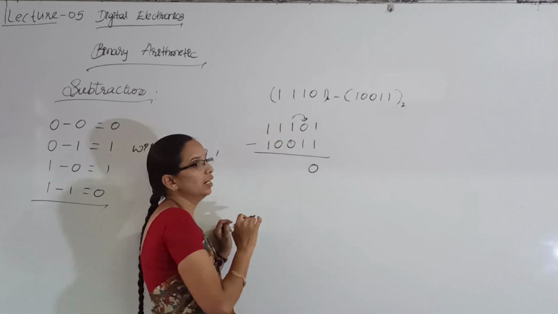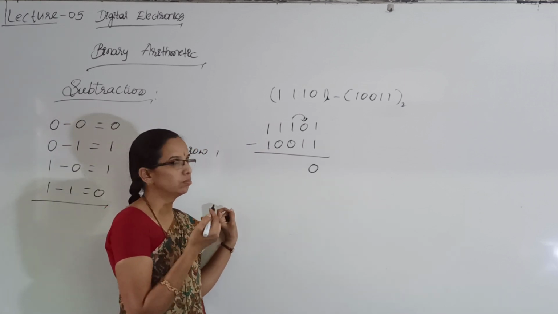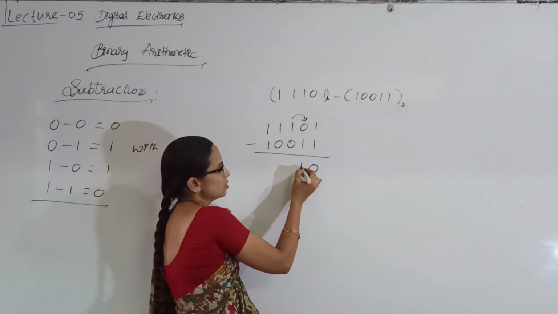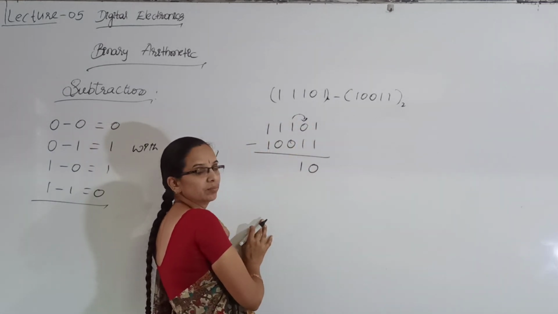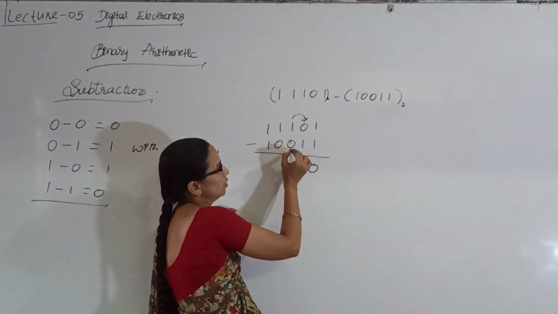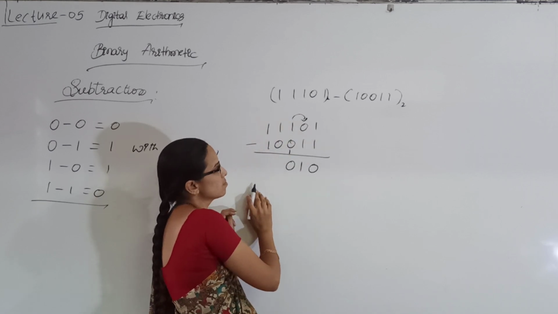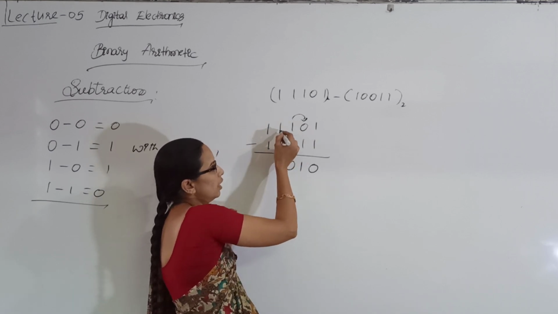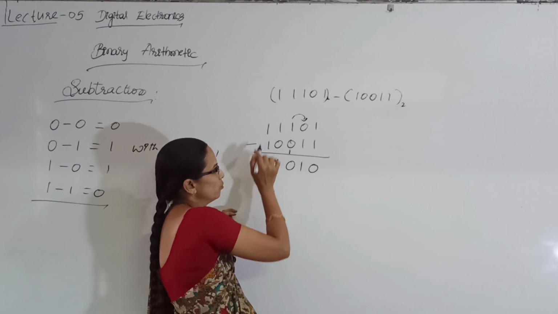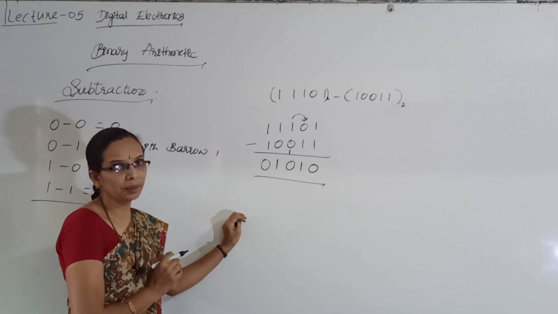In decimal it will be 10, but here it will be 2. 2 minus 1 is 1. So here 1 minus 1 is 0, you have taken one borrow, and 1 minus 0 is 1, 1 minus 1 is 0. Okay.